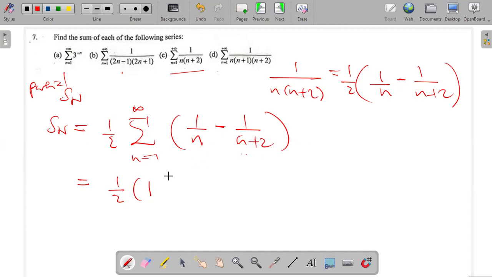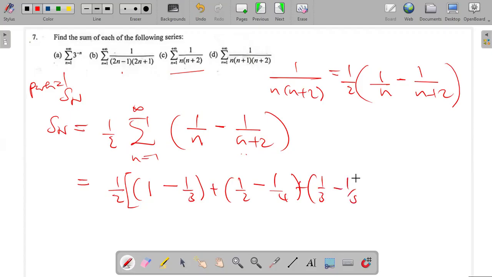So you have 1 there, then minus 1 over 3, plus 1 over 2, minus 1 over 4, plus 1 over 3, then minus 1 over 5, and it continues like that. So now, this is telescoping. It leaves the first two positives.